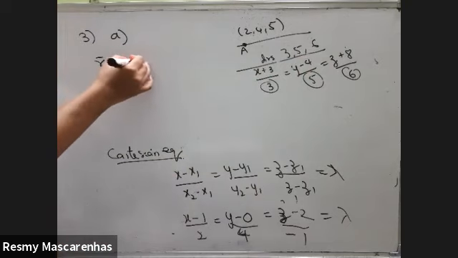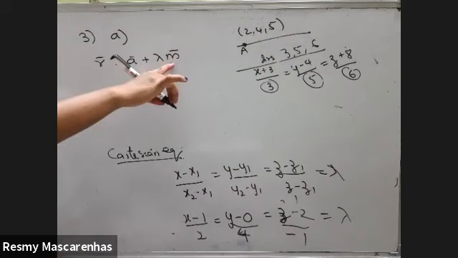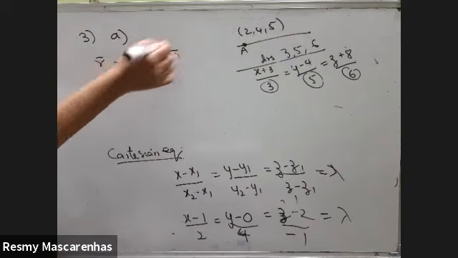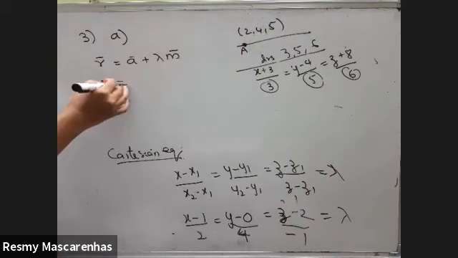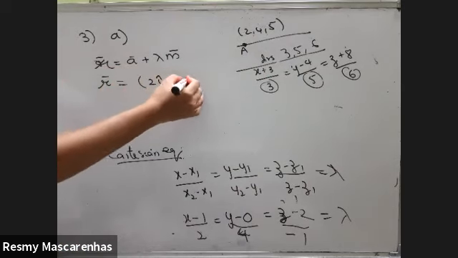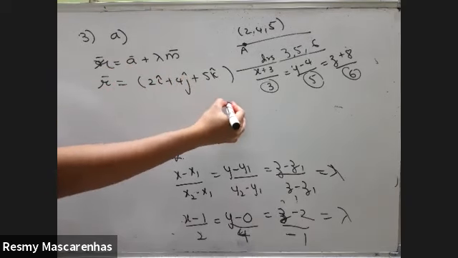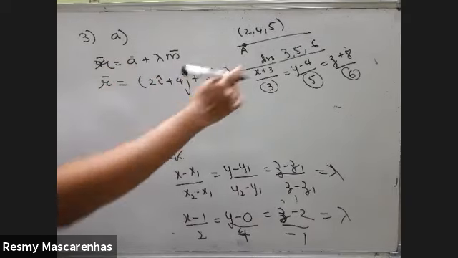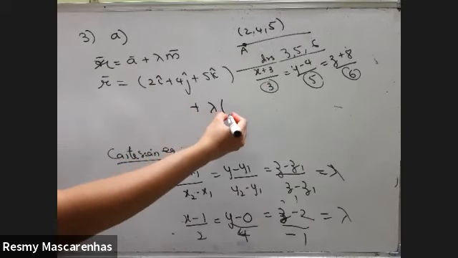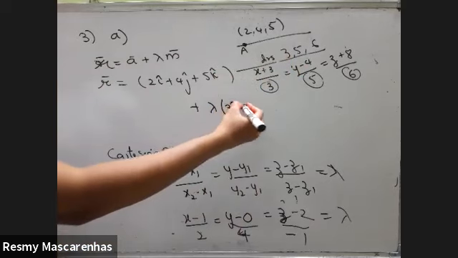So r bar will be, m bar means nothing but the vector of the direction ratio. So a bar is this, 2 i cap plus, I don't have space there, so I'm writing it down, lambda times this direction ratio vector, 3 i cap.